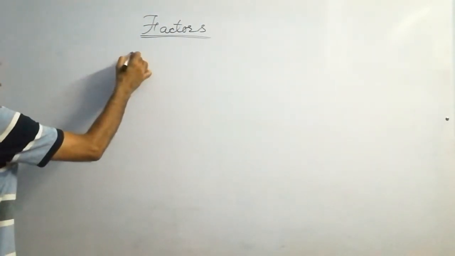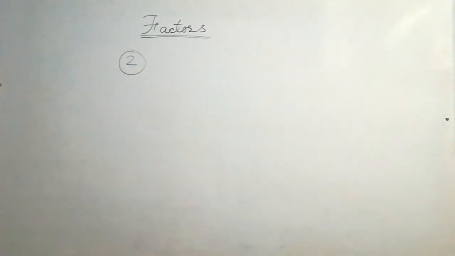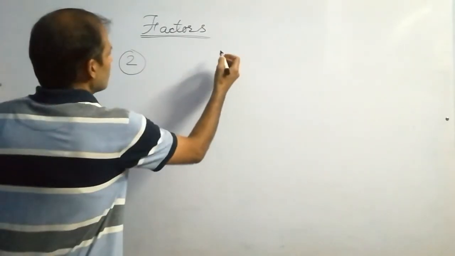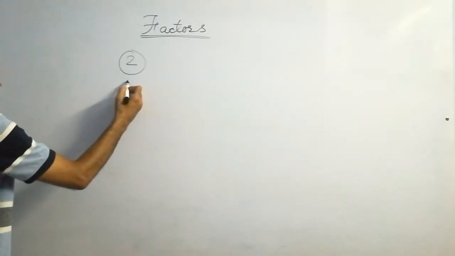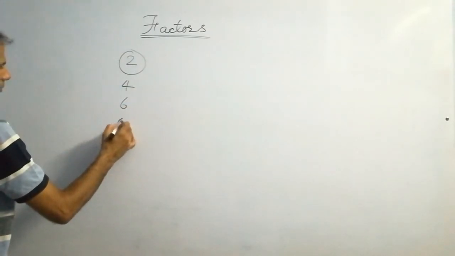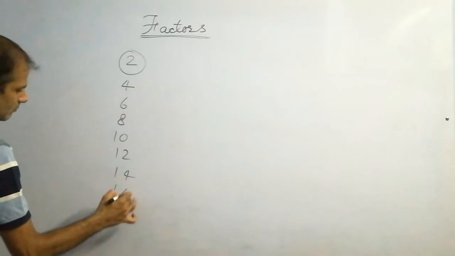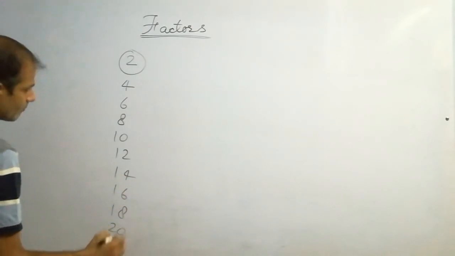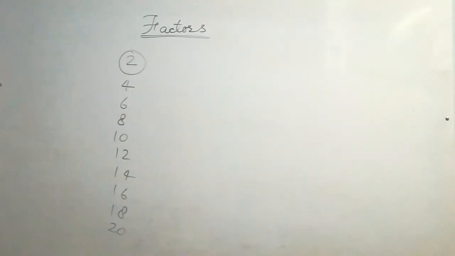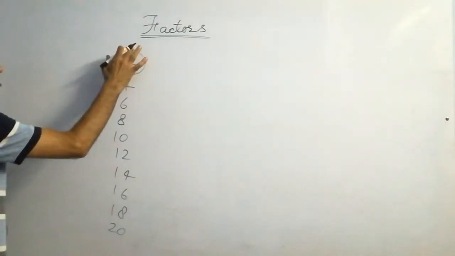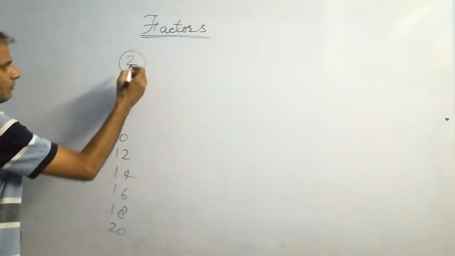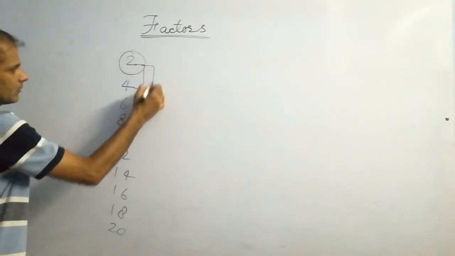We start with 2 because 2 is the simplest number to understand the concept. So I am writing the table of 2. 2 twos are 4, 2 threes are 6, 2 fours are 8, 2 fives are 10, and so on. This is the table of 2. Here 2 is a factor of all these numbers.